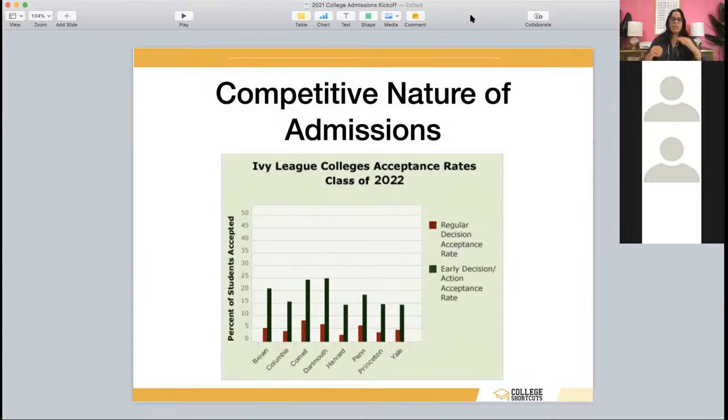If you look at schools like Brown, where it's about a 5% chance, you can have a 21% chance of getting in if you're applying early decision or early action versus 5%. Guys, that is a huge difference just based on proactiveness. If you think about that, that's crazy. And it shows over and over.